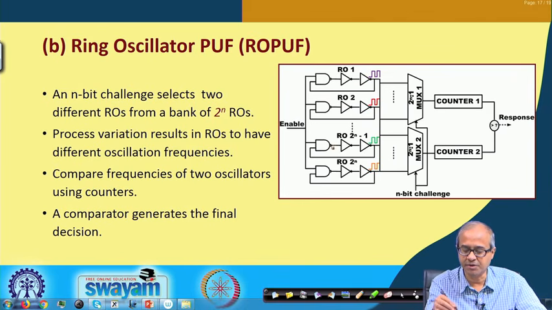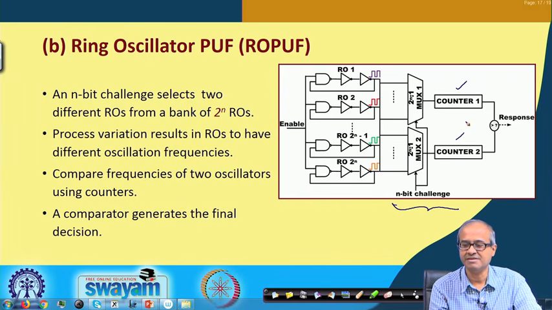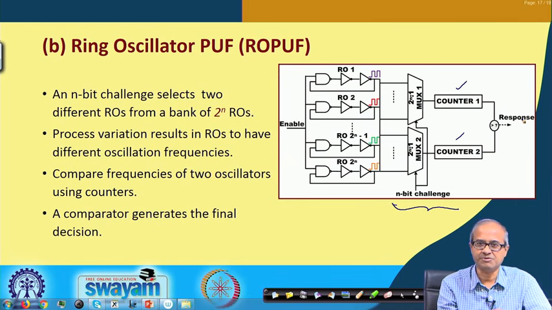Let us say there are 2 to the power n. Just using an n bit challenge, we select 2 ring oscillators, and their frequencies we measure in 2 counters. Then we compare whether counter 1 is greater than counter 2 or not, which frequency is greater. This will be my final response.